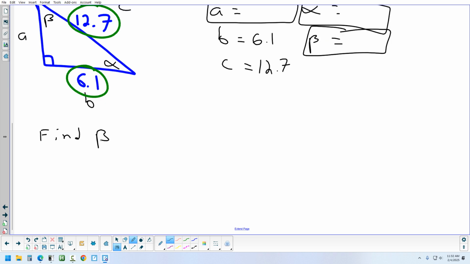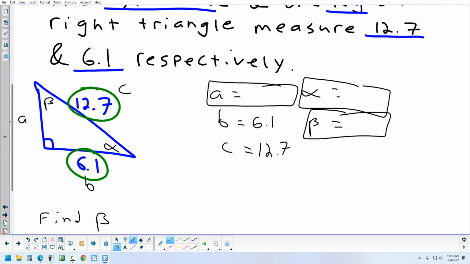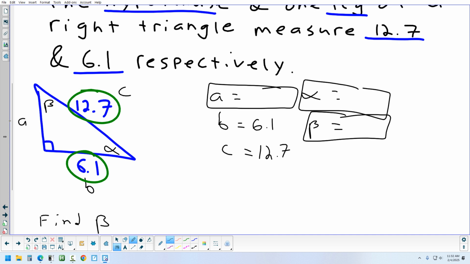I cannot do that until I know the positions of the sides. Let's circle beta. So you're doing everything from the perspective of beta for now. What is 6.1 from the reference point of beta? Opposite.